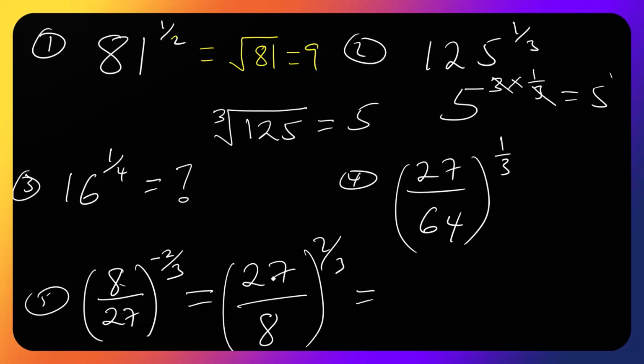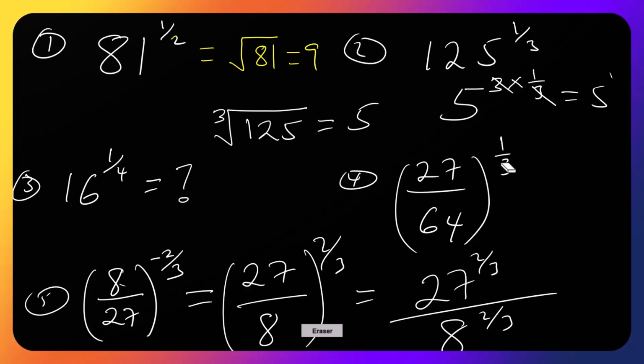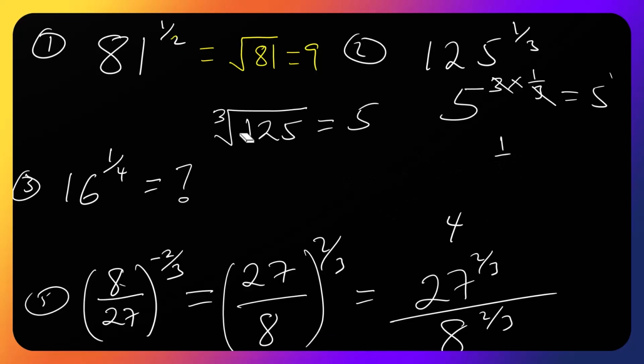Now let's use the first method, and that will be 27 exponent 2 on 3 on 8 exponent 2 on 3.